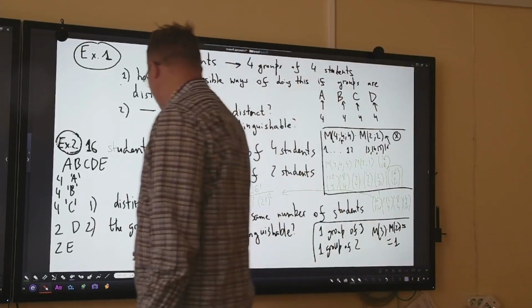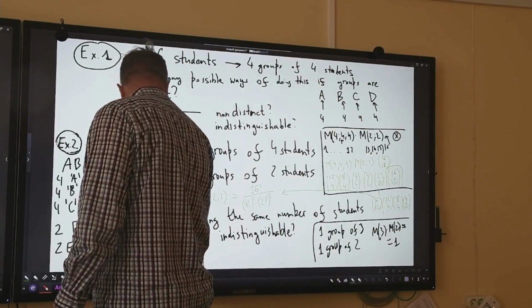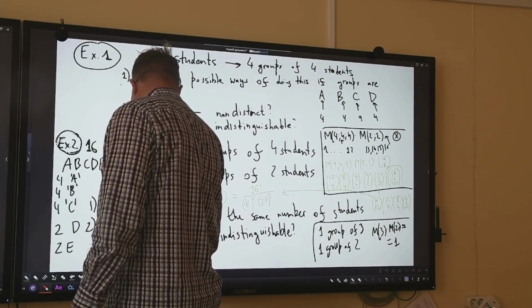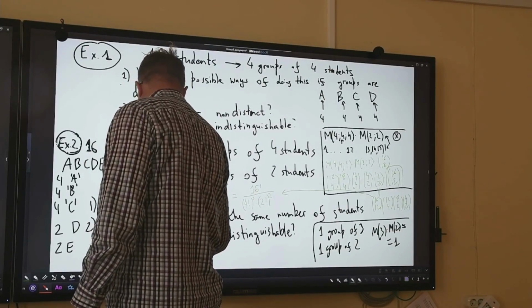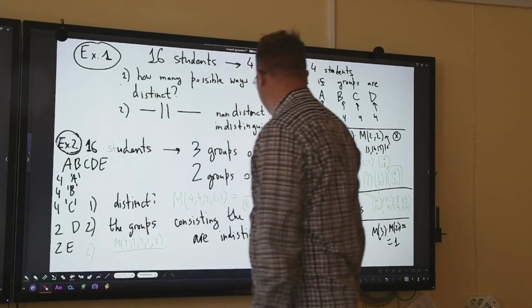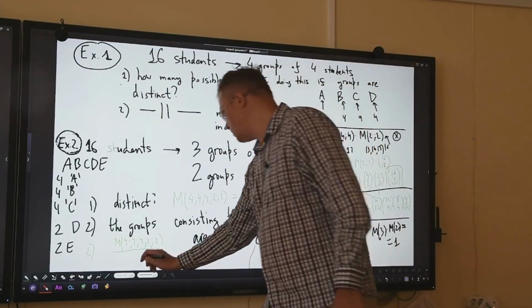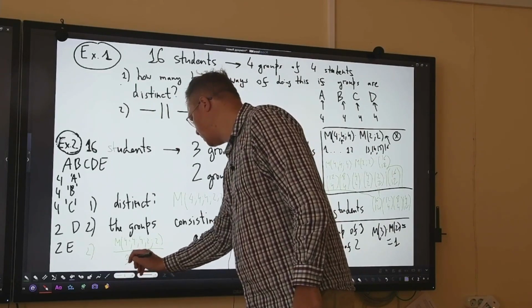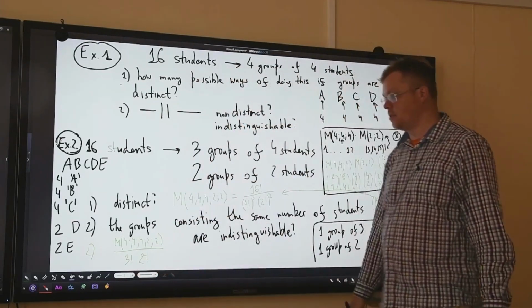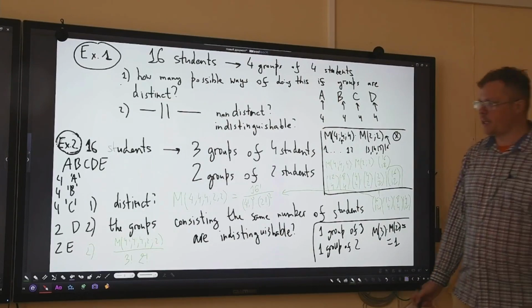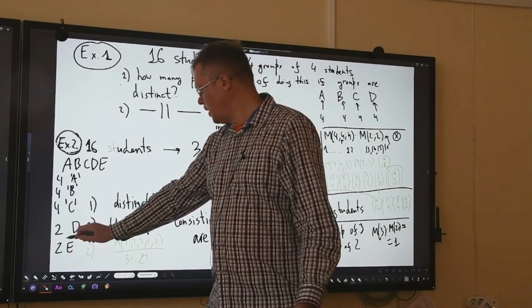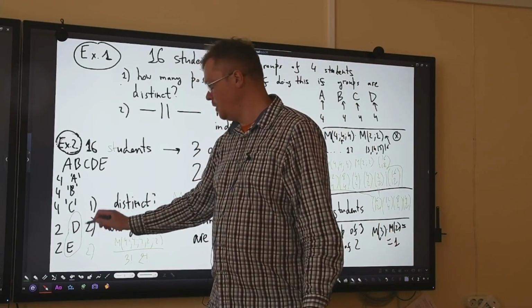So for the second one, I just need to take the multinomial of 4, 4, 4, 2, 2 and divide this by 2 factorial for permutations of these 2 groups, and 3 factorial for the permutation of these 3 groups. Because now I can't forget about D and E.